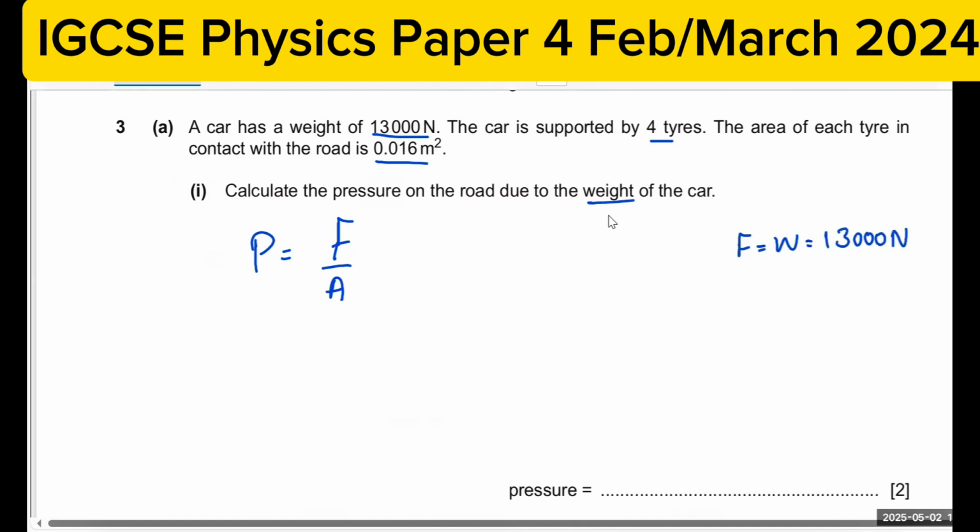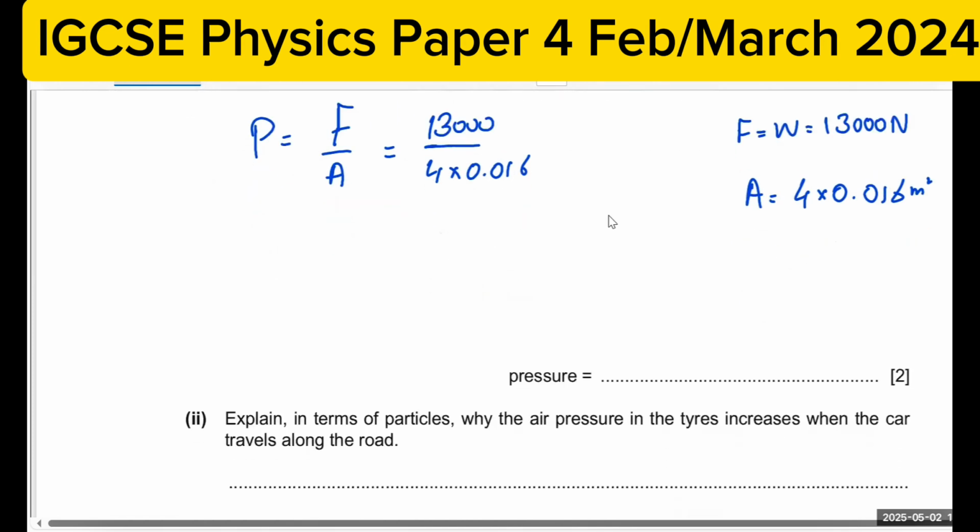But we need to calculate the pressure for 4 tires, and this is the area of one tire. So total area is equal to 4 times 0.016 square meters. By putting the values, the weight, and 4 times 0.016 meters square, you will get the answer.